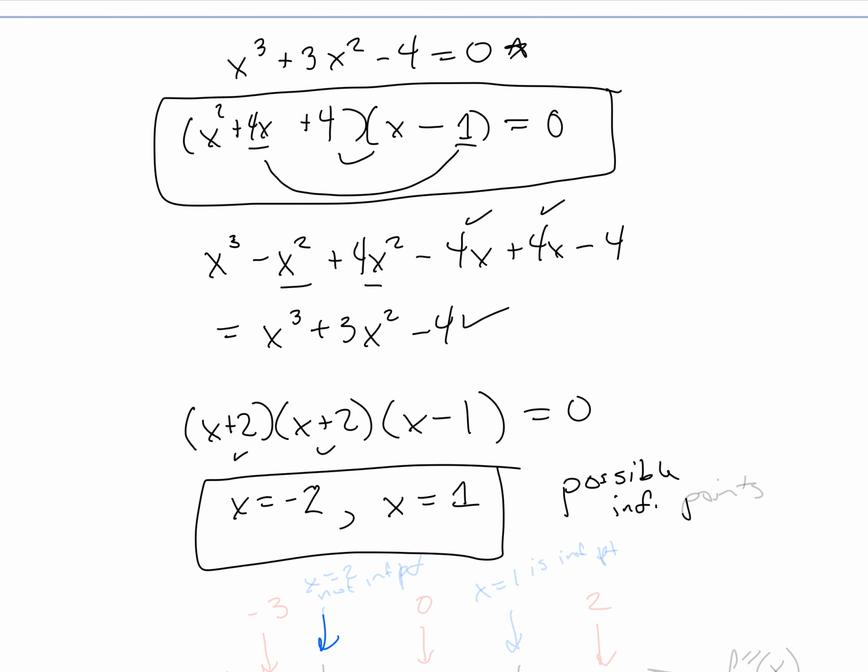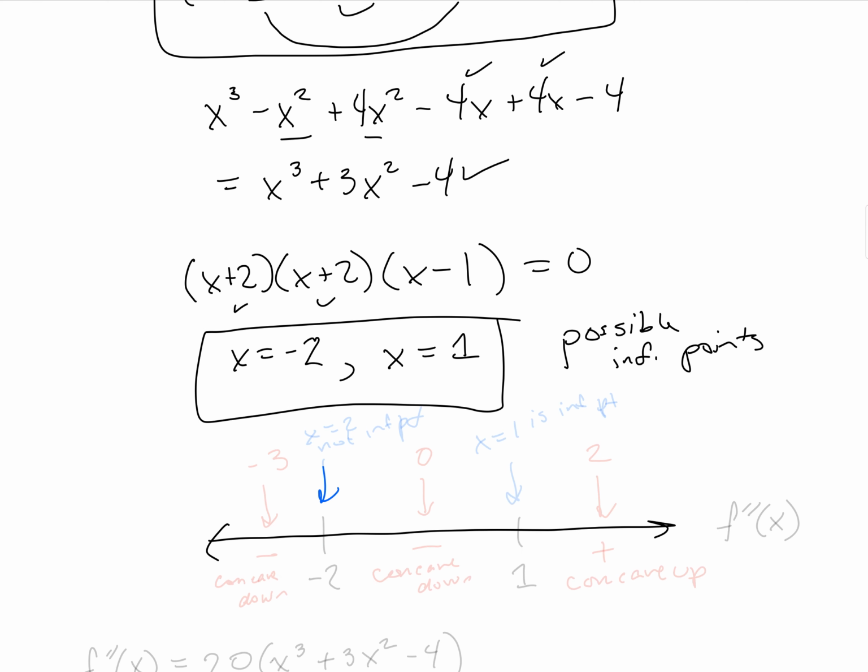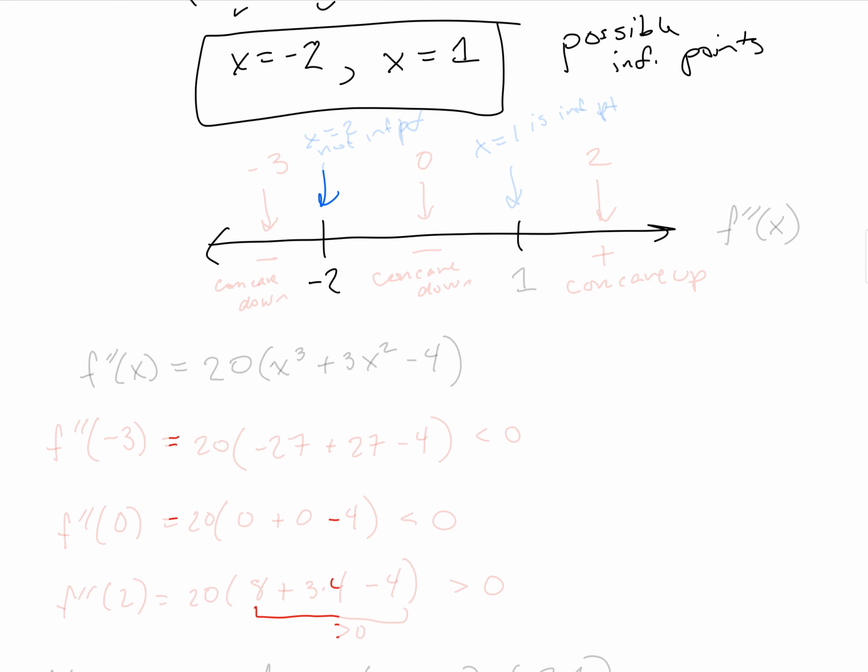inflection points, and we are going to divide up the number line over the whole domain of the function, all real numbers, with these potential inflection points, and we are going to test them in the second derivative to see if the second derivative is positive or negative. So our second derivative, f double prime of x, was 20 times x cubed plus 3x squared minus 4.